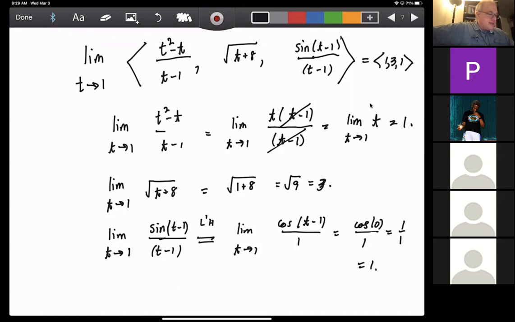If they all exist, then the limit of the vector function exists. If any limit of any component doesn't exist, then the limit of the vector function does not exist. If any of your component functions is not continuous, then the vector function is not continuous.